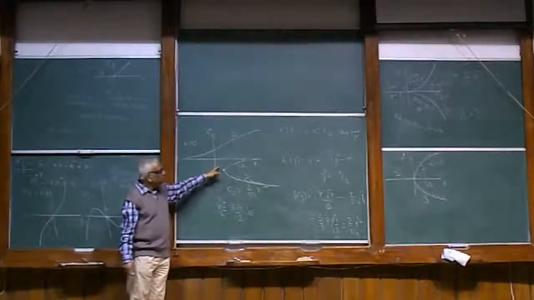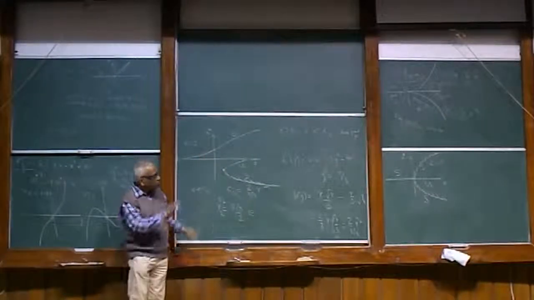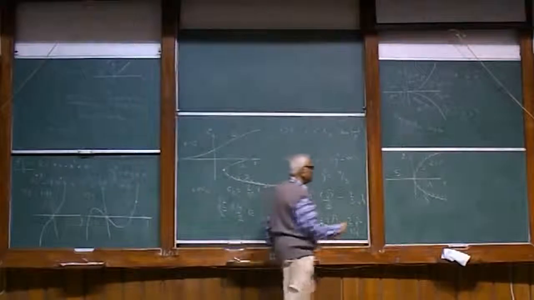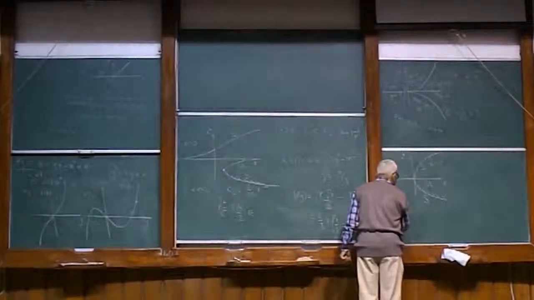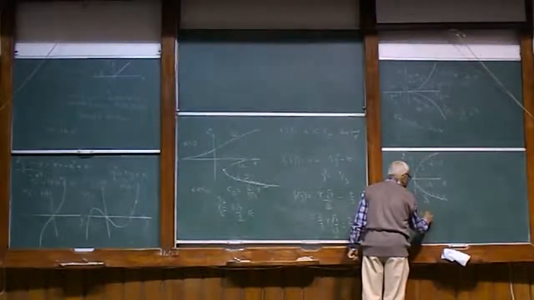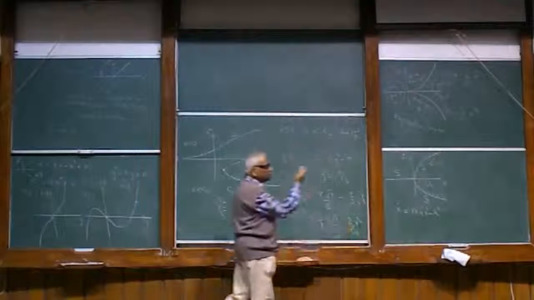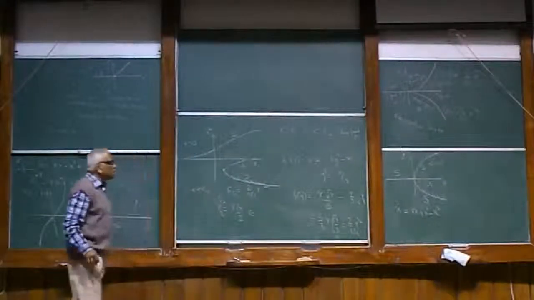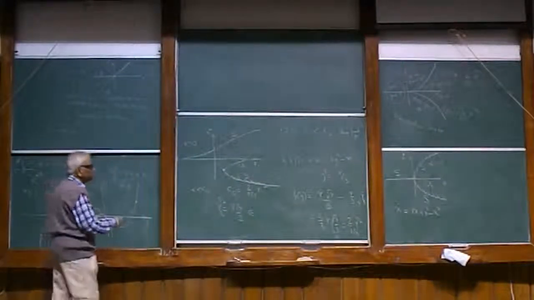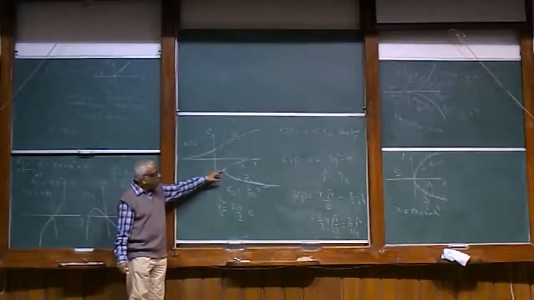So there is a finite jump in the magnetization, which is reminiscent of the system that we talked about for a first order transition, which was rx plus x cubed minus x^5, where there was a jump in the magnetization as we crossed the point r equal to 0. Over here, there is a jump.